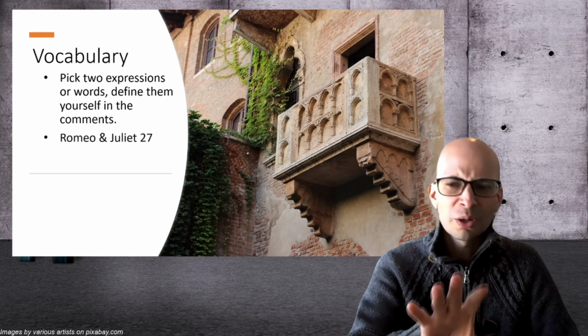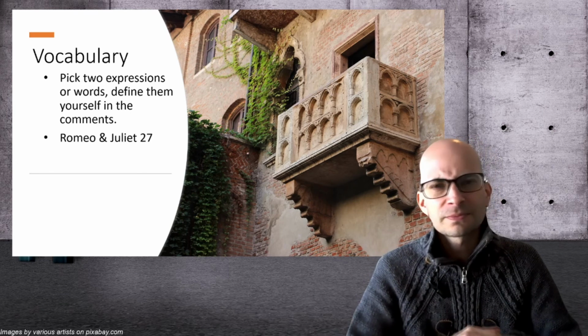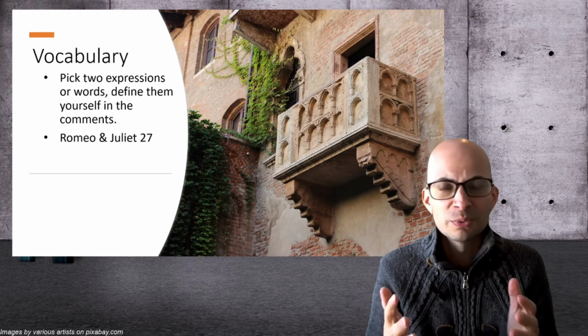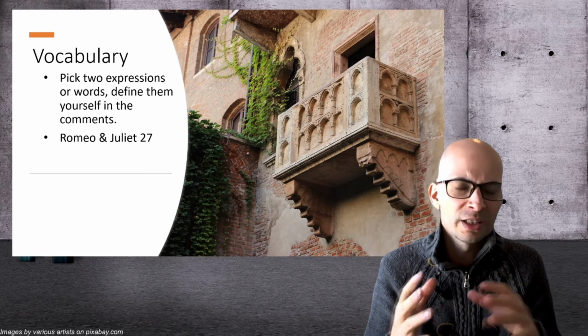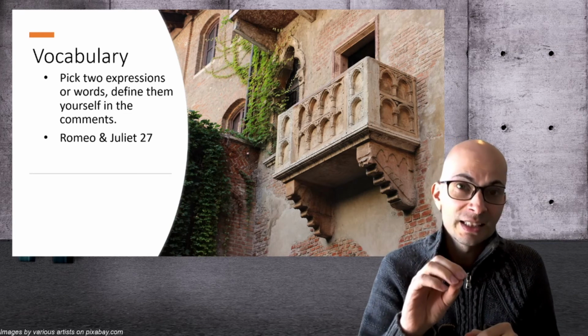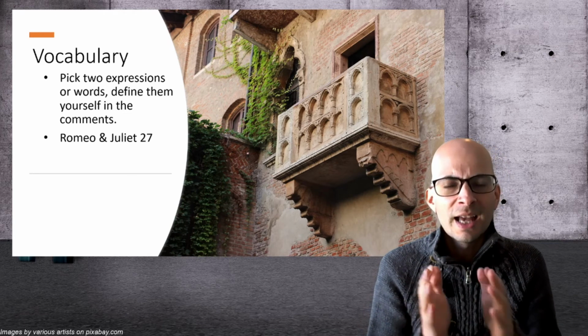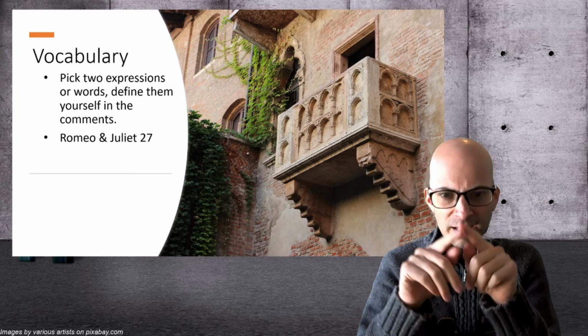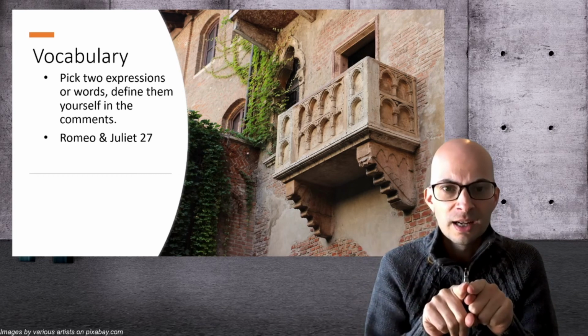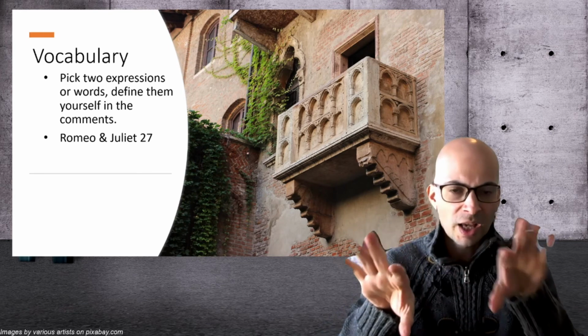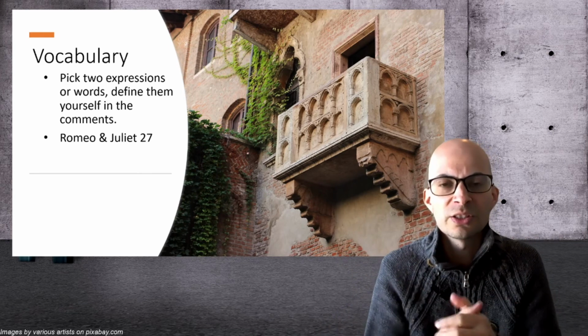One other thing I want to throw out here, it's not really vocabulary. I just fell upon this really interesting website, Romeo and Juliet 27. I'm going to add a link into the description for you. It has a really nice character outline. So it has Montagues, Capulets, and how they're connected and the relationships.